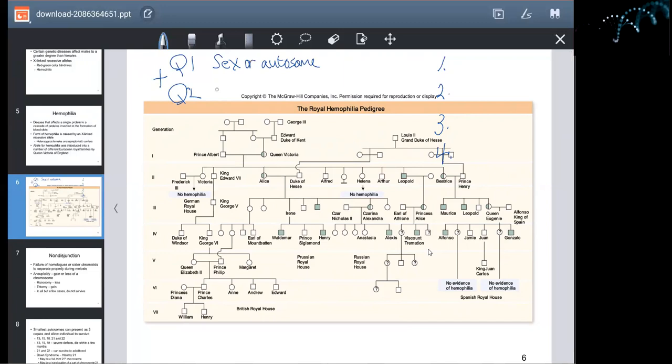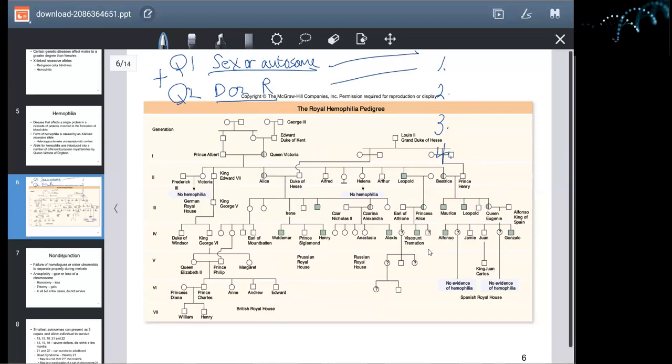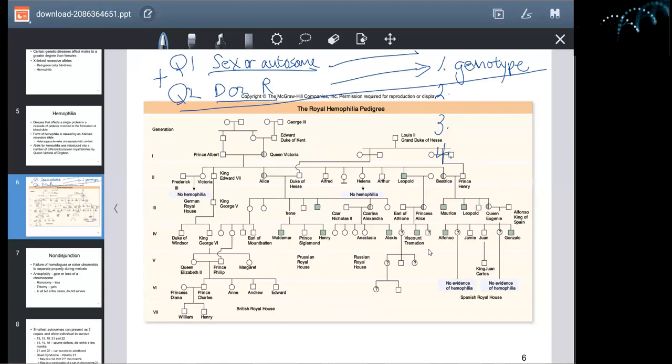Second, you're going to ask, is it dominant or is it recessive? And once you have the answers to these, then you can begin to build your genotype, which is number 1. So we'll move on to this very shortly in our worksheet, okay?